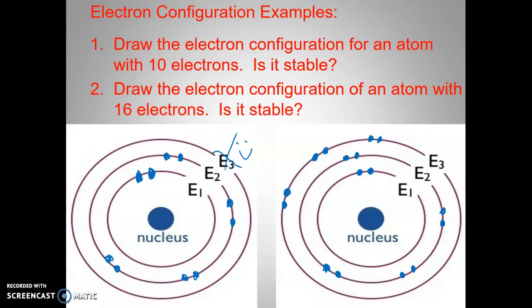And the reason why it's unstable is it's missing 2 electrons in its third energy level. It wants 2. You don't have to do this on yours, but I'm just drawing the missing 2 that would have to be there to be considered stable. So again, in this second example, the atom would be unstable because it's missing 2 electrons in its outer valence shell, or you could say its third energy level, which is the valence shell itself.